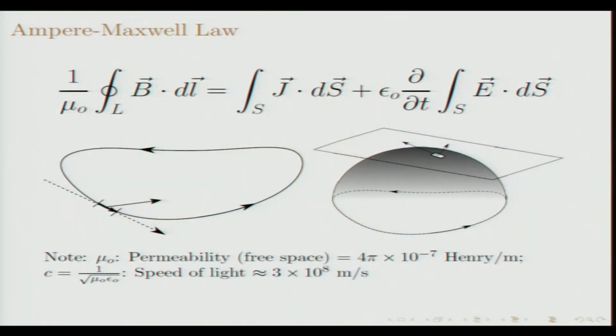If you look at the Ampere-Maxwell law, the second term on the right hand side indicates that even if J is 0, that is you have a region where no currents are flowing, a magnetic field can be caused if there is a changing electrical field.